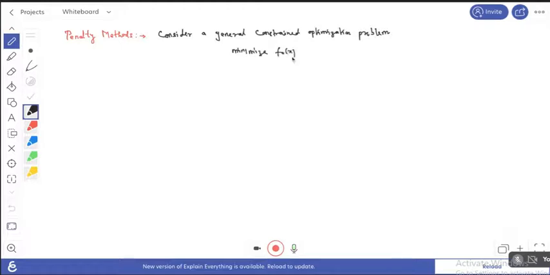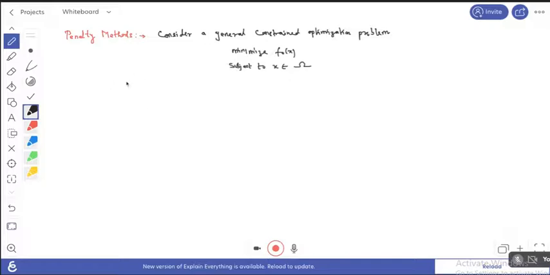Here we minimize the objective subject to the constraints, either equality constraints or inequality constraints or both. Then we are able to find the feasible region, so x belongs to the feasible region, that is, omega.